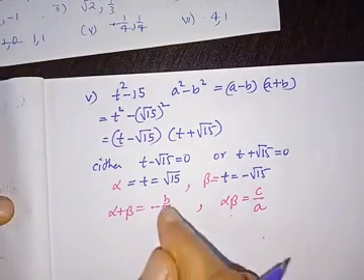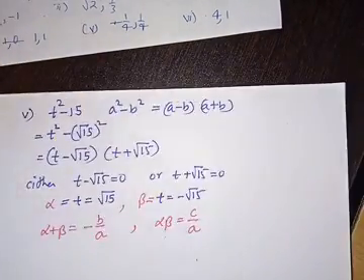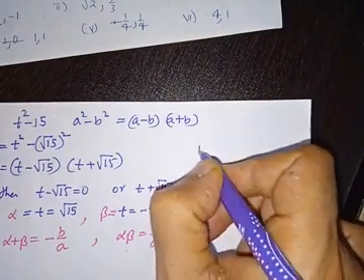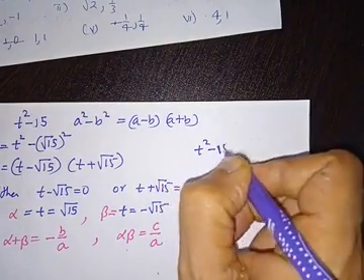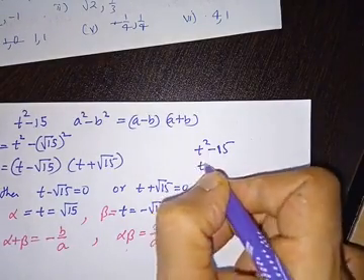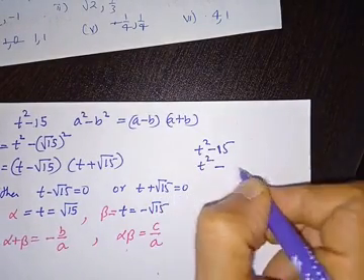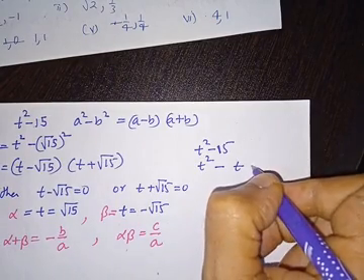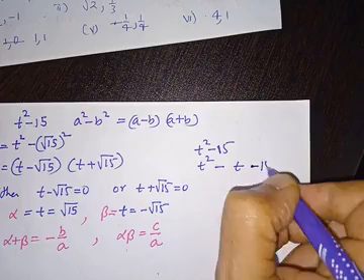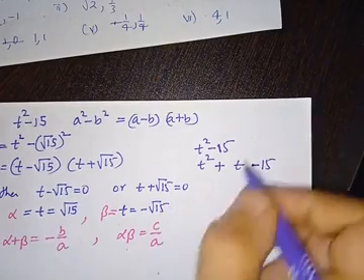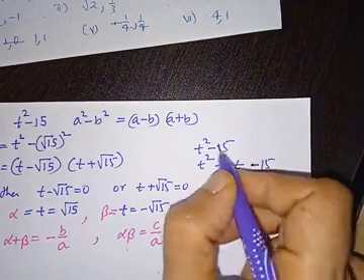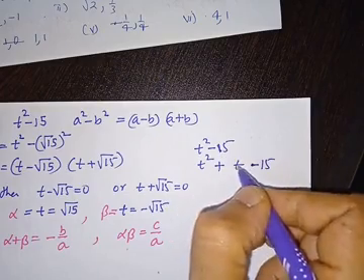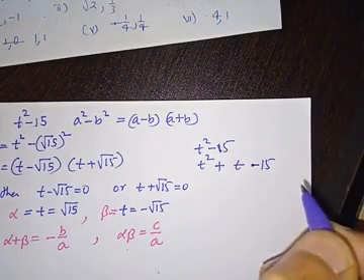Now for that we have to find the coefficients a, b and c. Let us again go to the equation, that is t square minus 15. t to the power 1 is not there, but we have added it here. If you put t here, the polynomial given to you will change, and this will alter the answer.